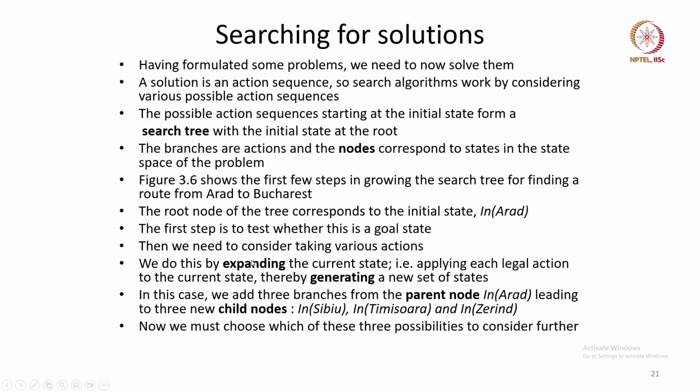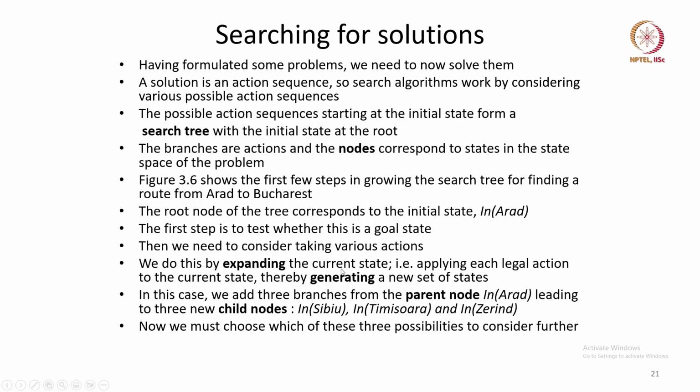So what do you do? Whenever you take a node and expand it, for the new node which comes, you check whether it is a goal state. Once you reach a goal state, it means that you have reached your final destination, so you can stop at that point.